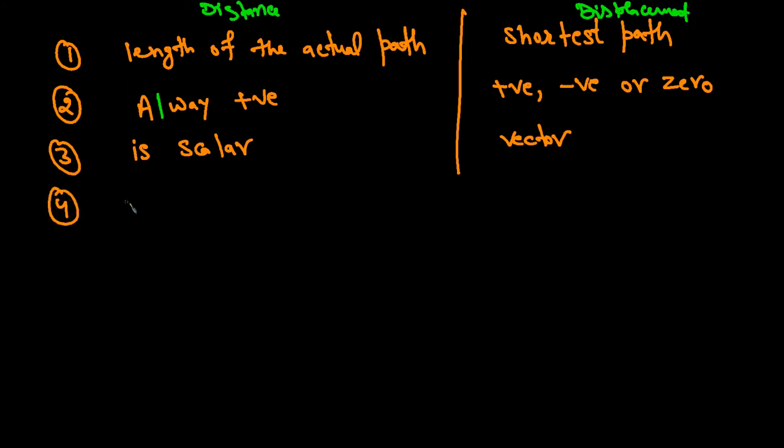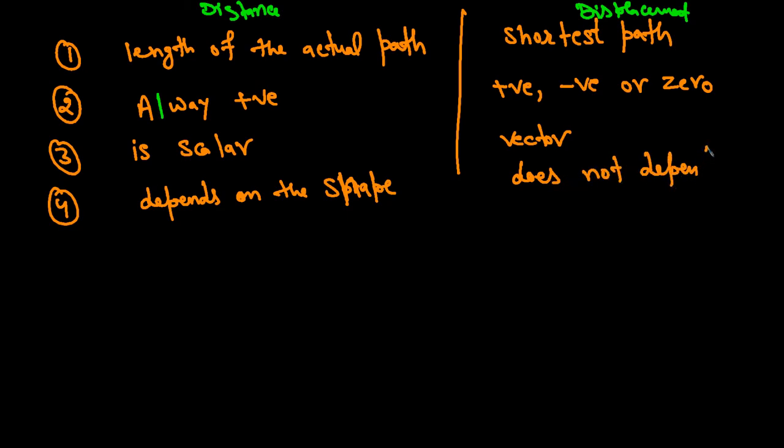And the fourth difference is that the distance traveled by a particle depends upon the shape of the path followed by the particle, whereas displacement does not depend on the shape of the path.